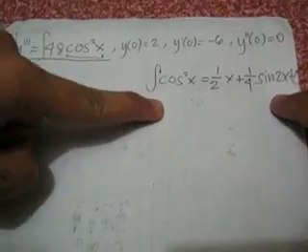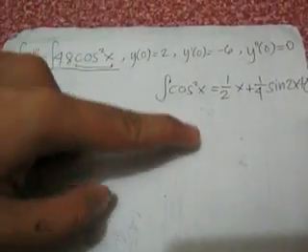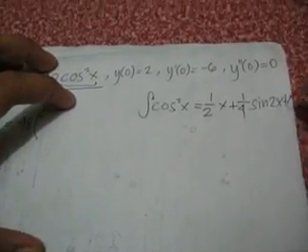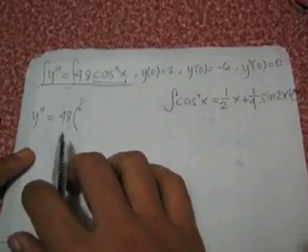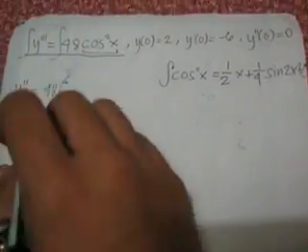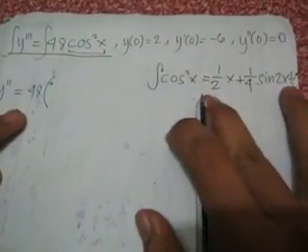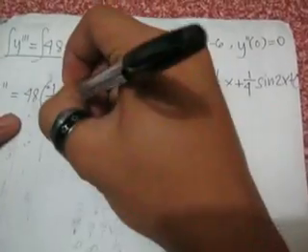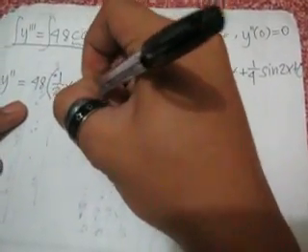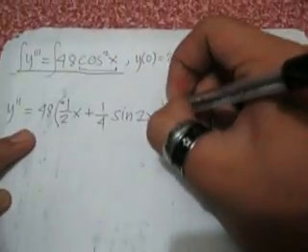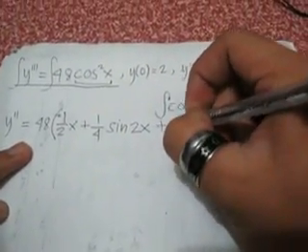So the integral of cosine squared x is equal to 1/2 x plus 1/4 sine 2x plus c. Next, continuing the integration process, just copy this expression, 1/2 x plus 1/4 sine 2x plus c1.